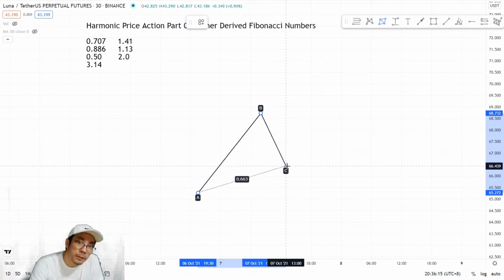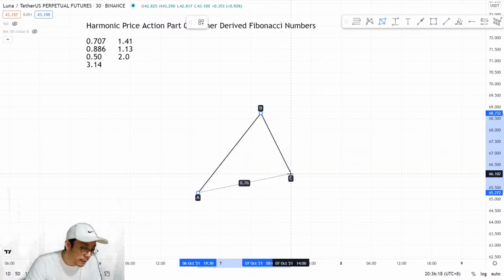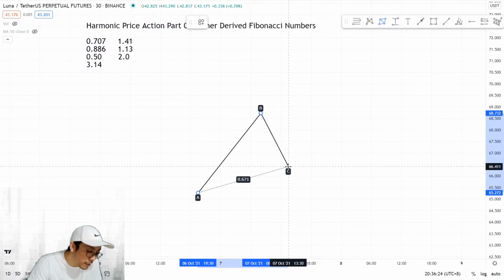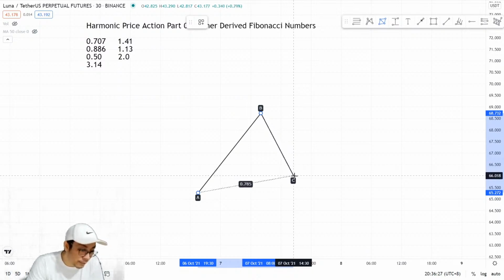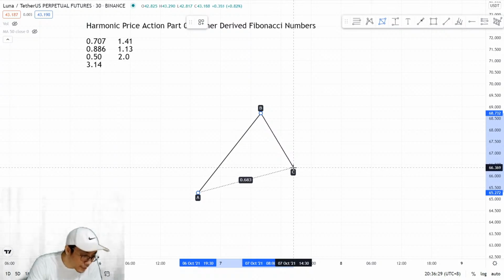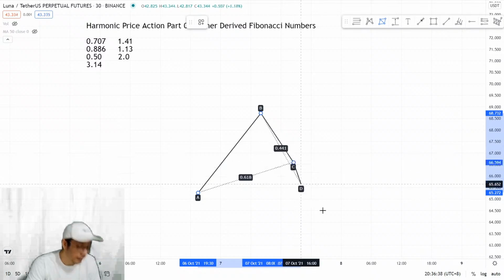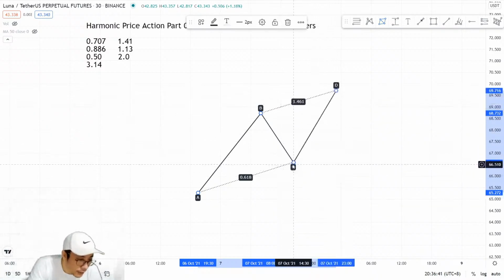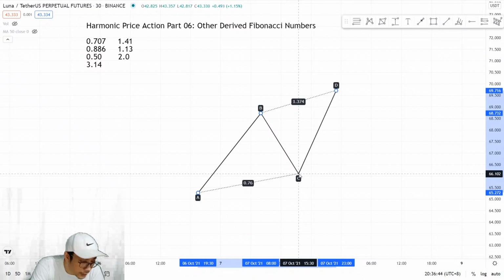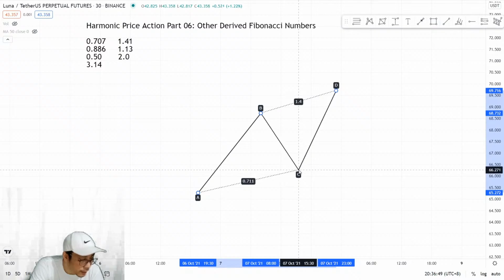This is going to be a little bit deeper than 618, in between 618 and 786. Usually there's a very small gap. For example, this one is 618. Then you have 786. In between that, we have the 707. It's really not that much, but okay, we got it.